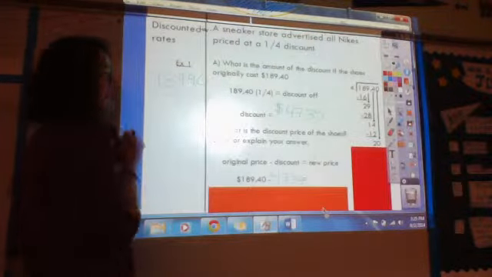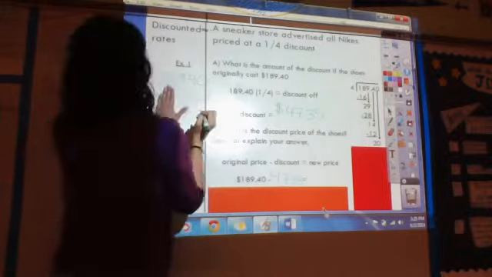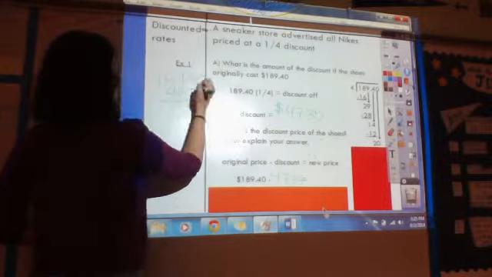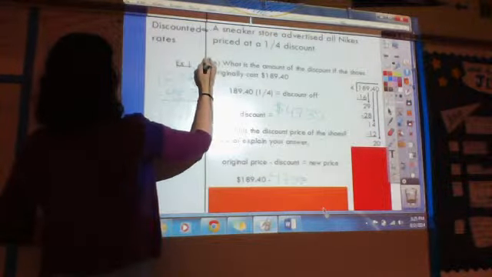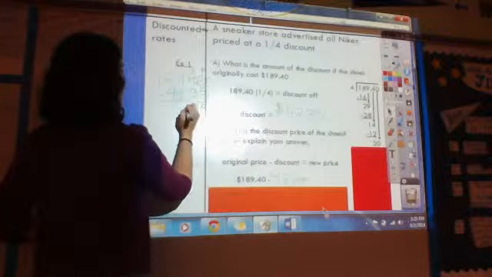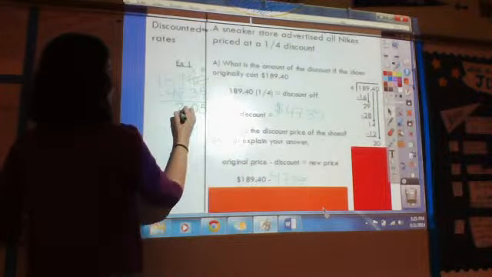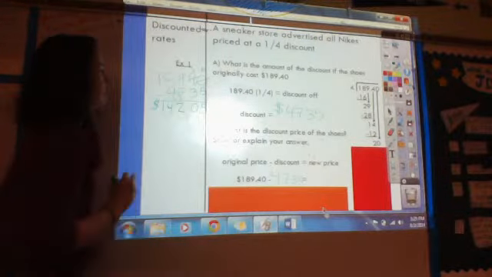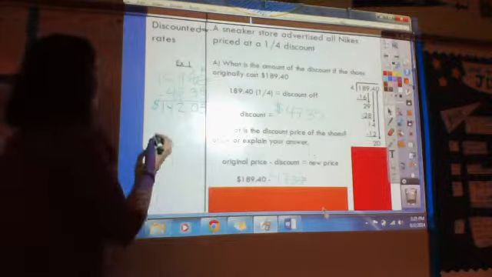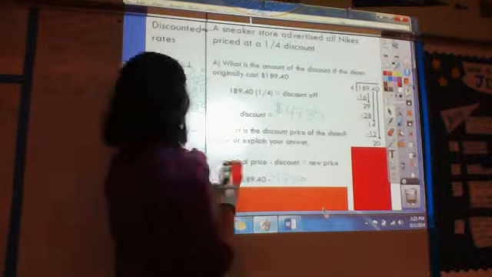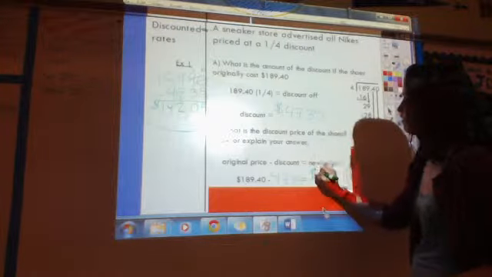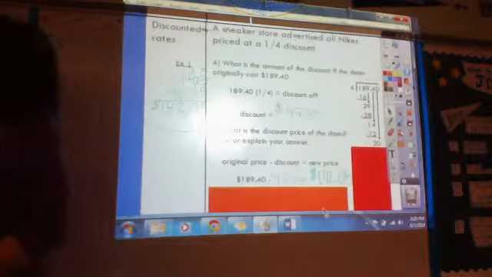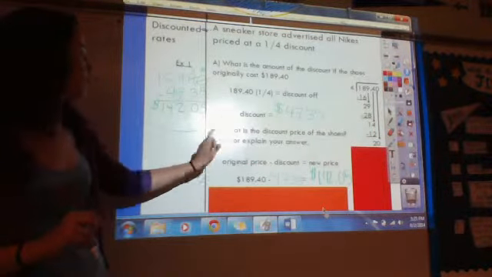What's most important here is that I line up my decimals. 47.35. 9 minus 7 is 2. 8 minus 4 is 4. So the amount that I actually paid, my sale price, discounted price, or new price would equal $142.05.